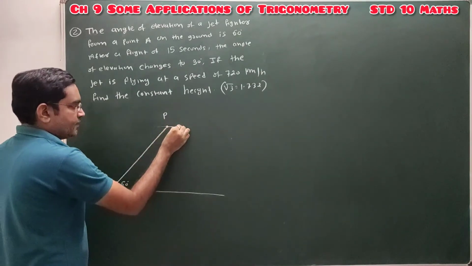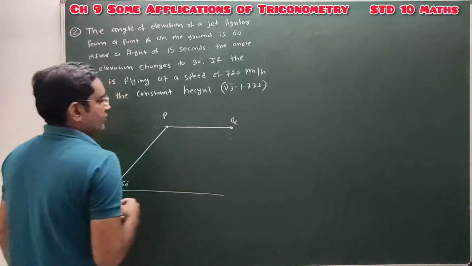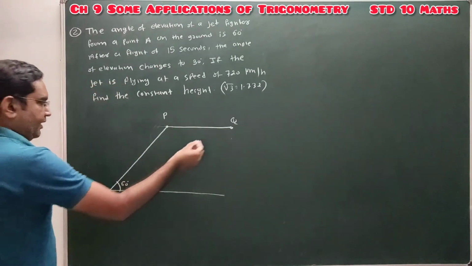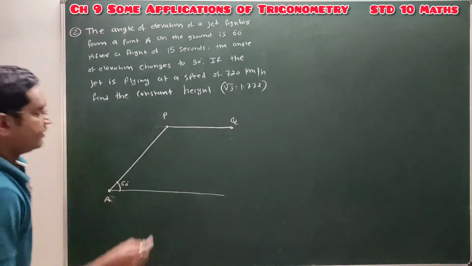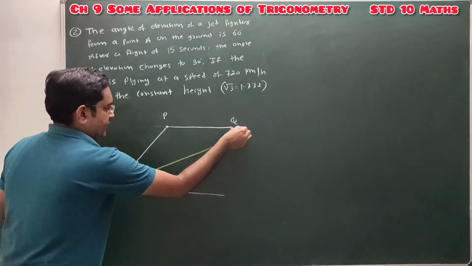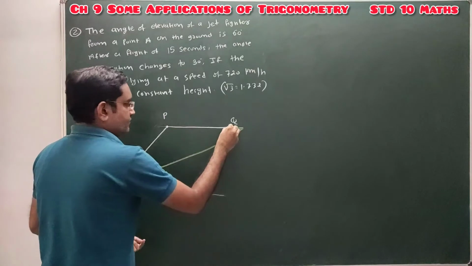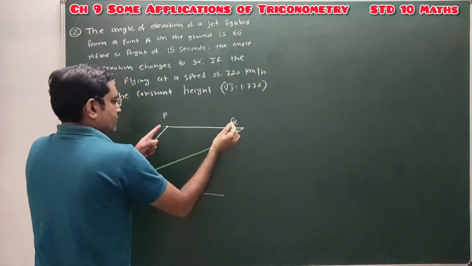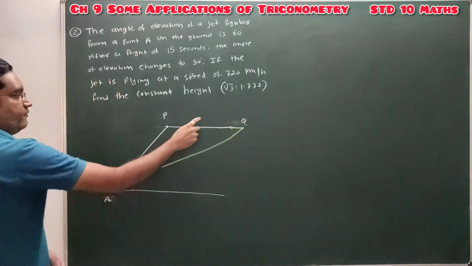So after 15 seconds, suppose the second position of this fighter plane is Q, and that angle of elevation is 30 degree. So this one is 30 degree. This is point Q. This is the distance covered by the fighter plane in 15 seconds.